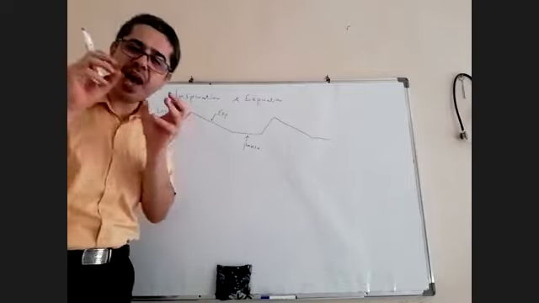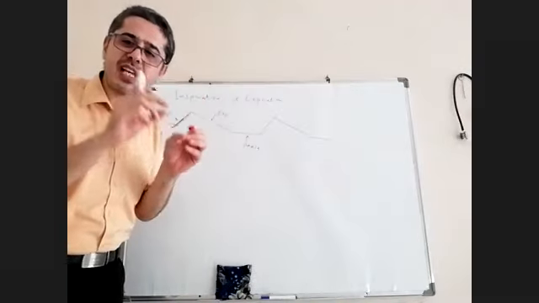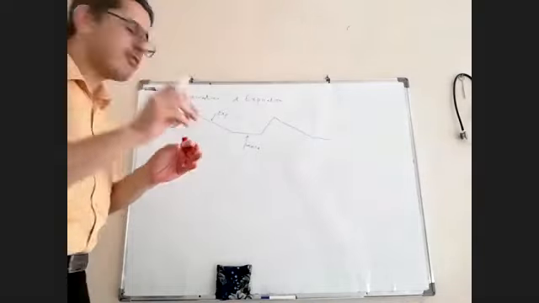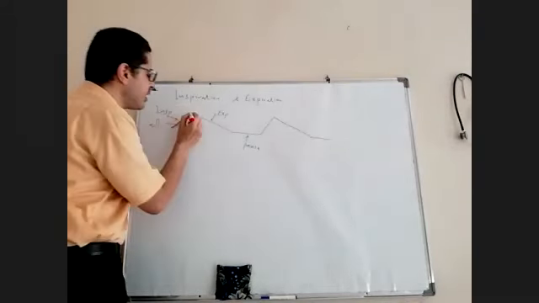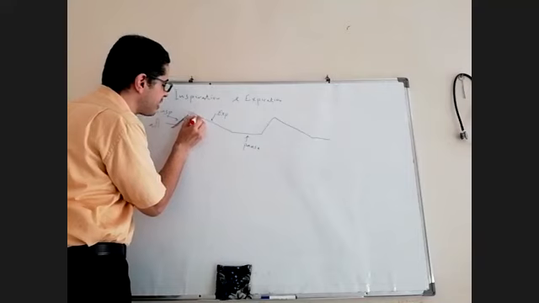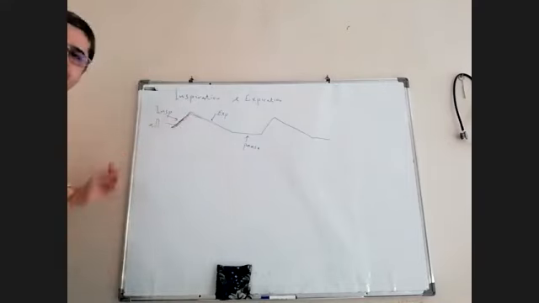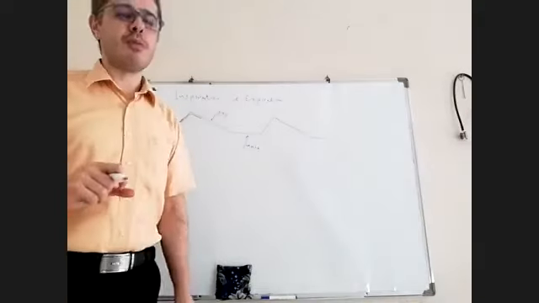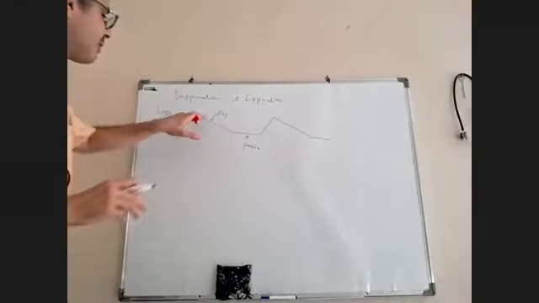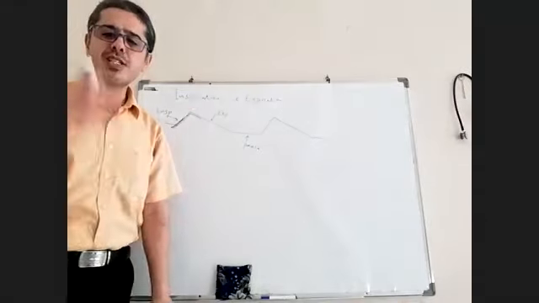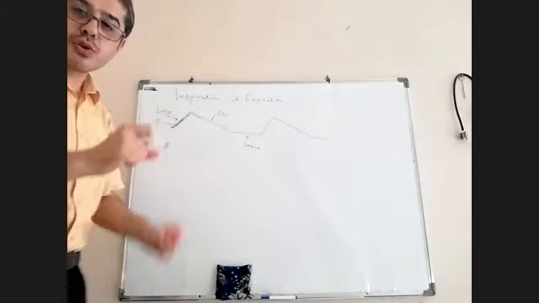Expiration is a passive process, by elastic recoil, so you cannot hear it all. You will hear only the first third of expiration with the stethoscope. The other part you will not be able to hear because it is passive.